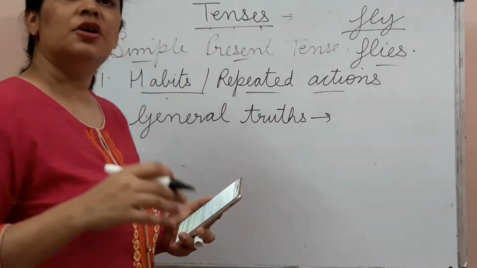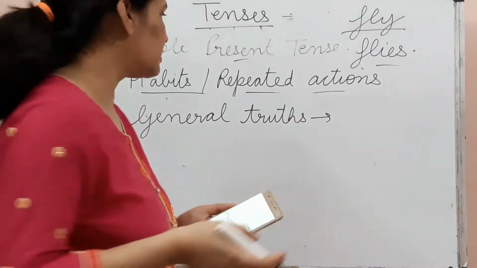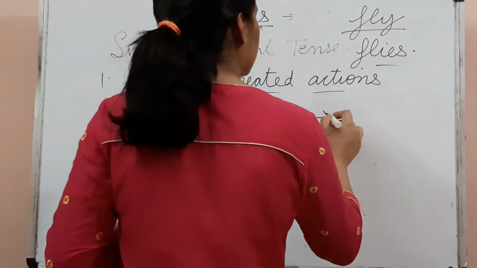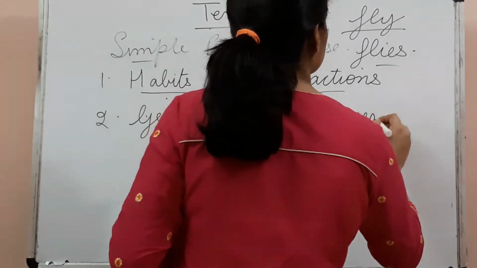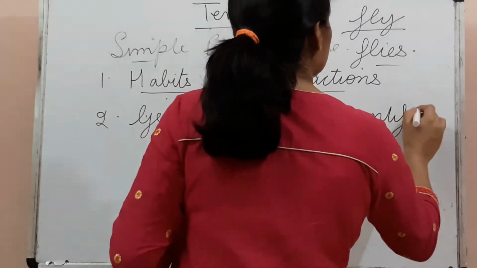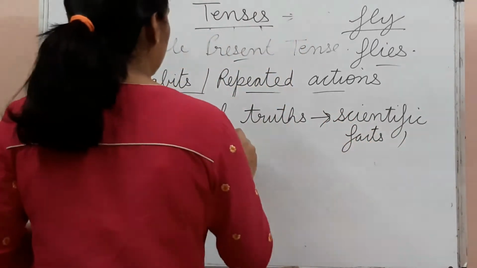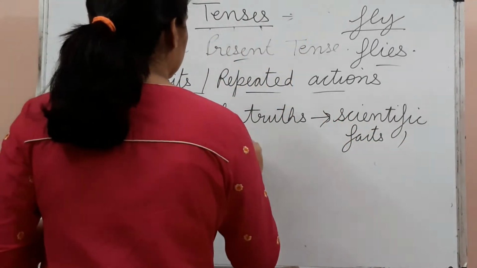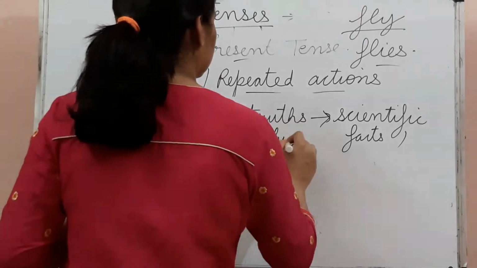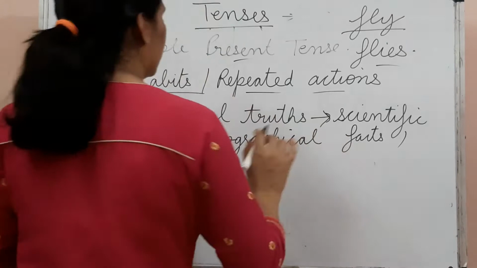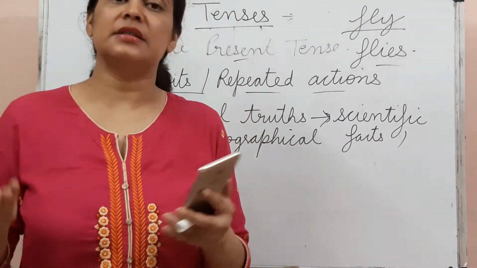It can be your scientific facts, or it can be your geographical facts that are never wrong, that never go wrong. So it can be your scientific facts, or it can be your geographical facts.